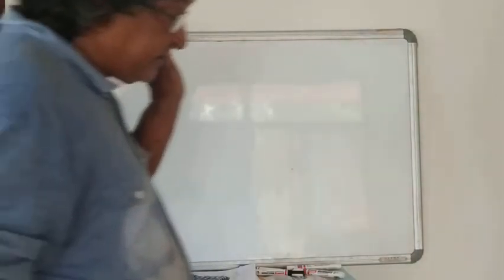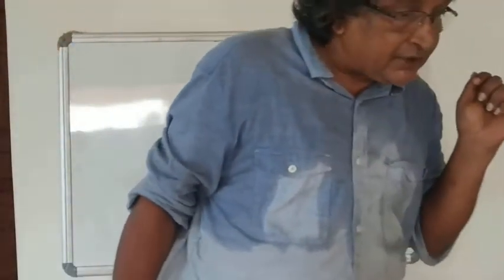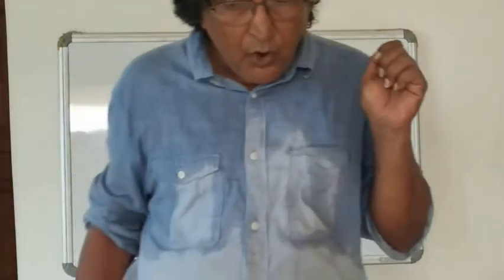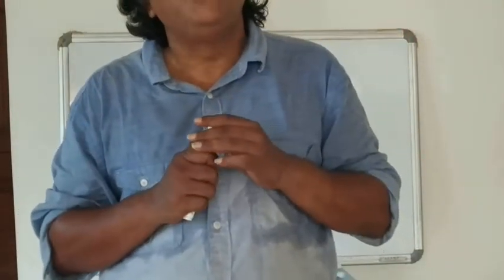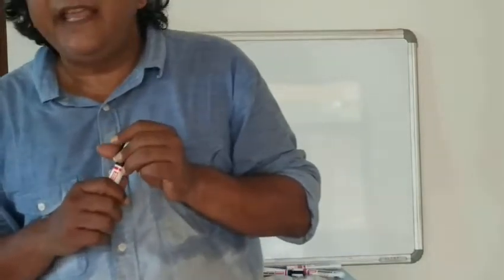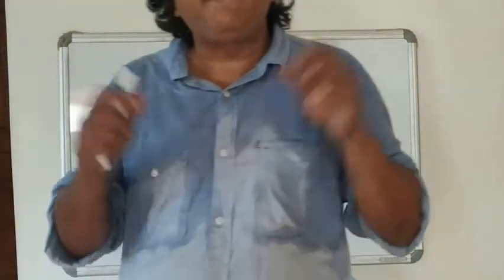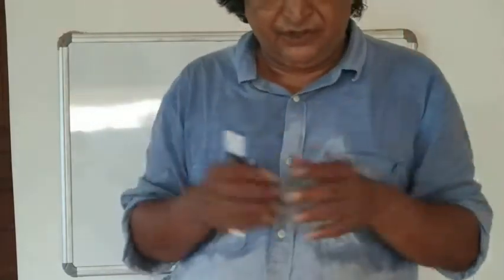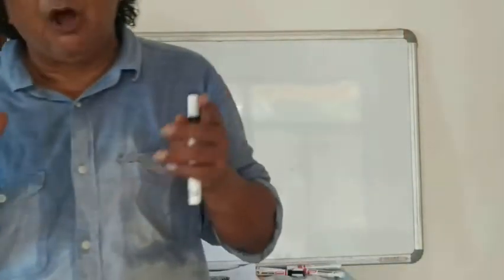Now, before we go into the topic, as I said, rocks are made up of, they are basically polymeric chains. They are polymers of what is called SiO4 tetrahedra.